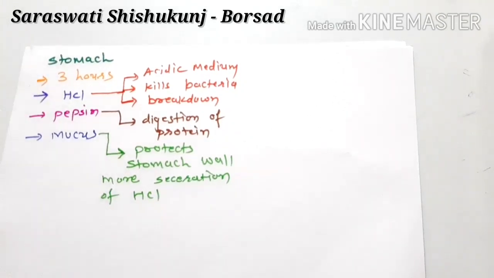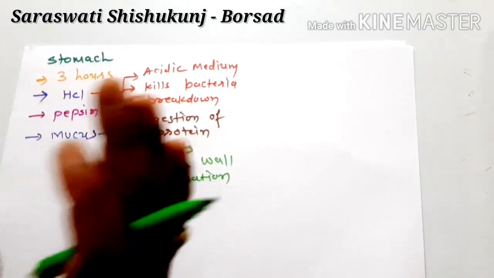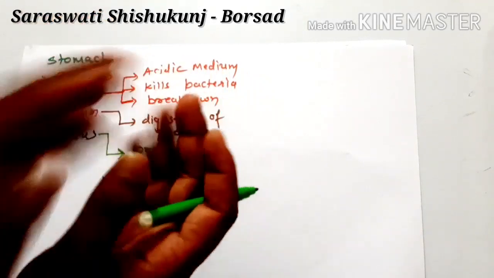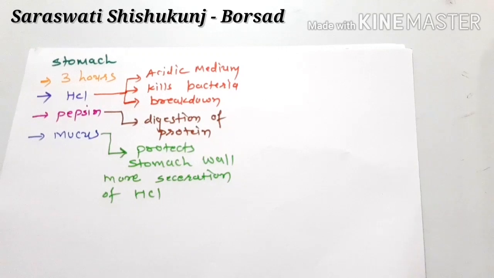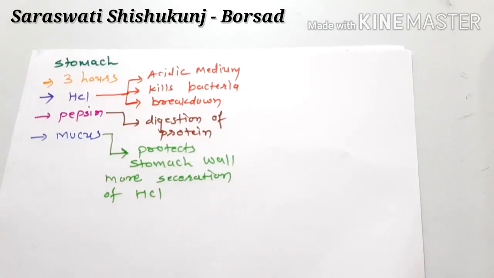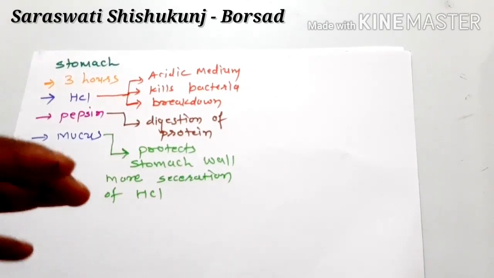If HCl is secreted in excess, the inner wall of the stomach is protected by mucus. So we have completed the discussion of what happens in the stomach.